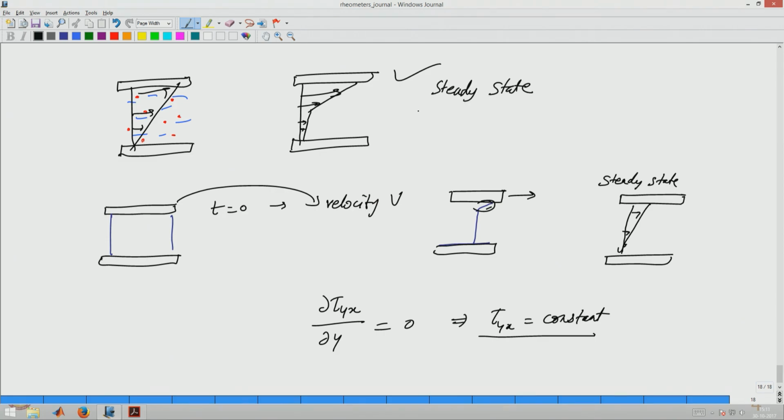The fact that most fluids will take a finite time to come to a steady state is also an important property, but in rheology we generally assume that that time is much shorter than the time for which we are examining the material properties. For example, we will assume that it takes milliseconds or hundredths of a second to reach the steady state, and everything that we are examining is the material behavior itself.